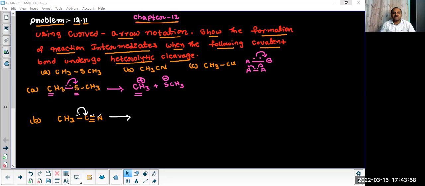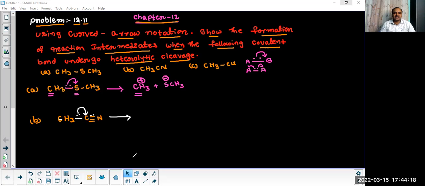This gets the negative charge. Why is the bond cleaved between this carbon and carbon? Because the triple bond is there between carbon and nitrogen, so it requires more energy to break that bond. That's why the bond is cleaved between the carbon and carbon.